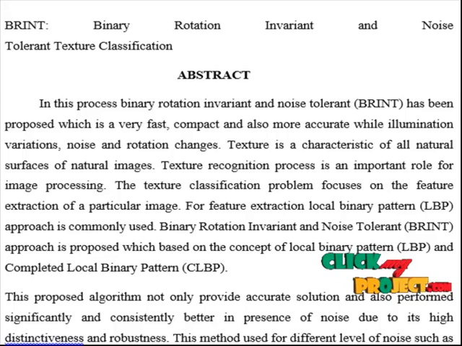This proposed algorithm not only provides an accurate solution but also performs significantly and consistently better in the presence of noise, due to its high distinctiveness and robustness. The method is used for different levels of noise such as Gaussian, salt and pepper and spectral noise.